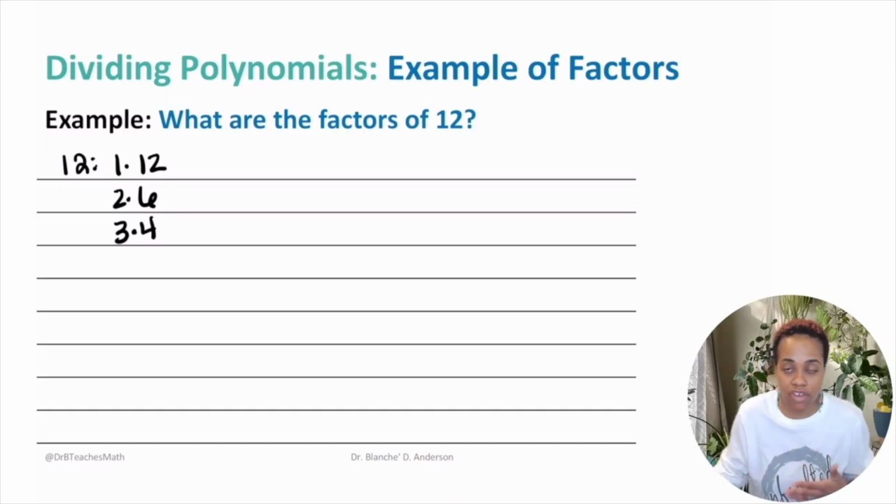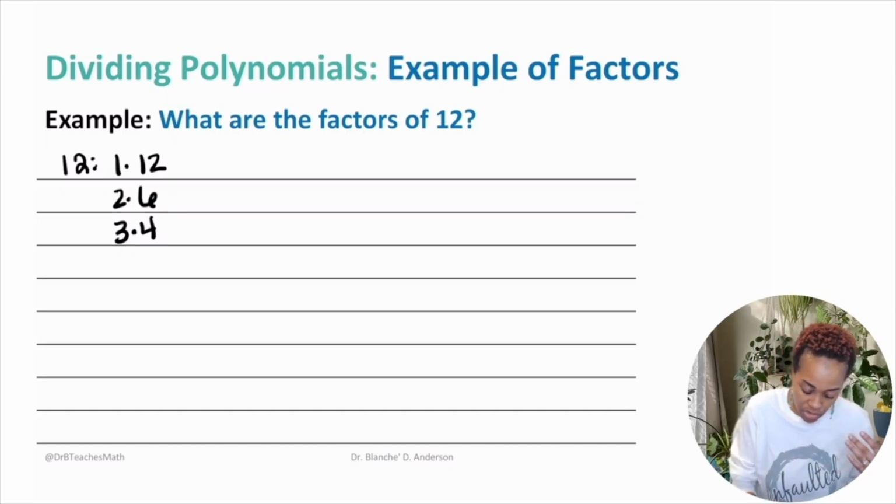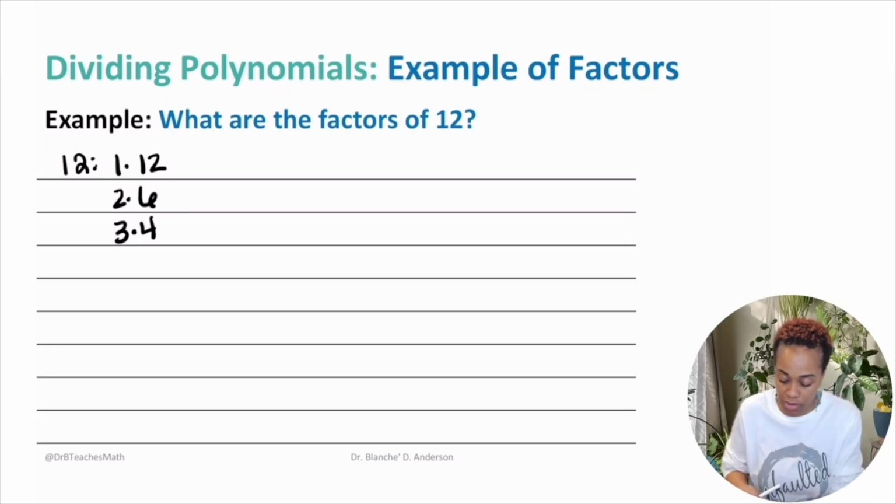Now, if you're like, well, Dr. B, how did you find that out so quickly? If you're still learning your multiplication tables, what you do in your calculator is say 12 divided by 1. You get 12, the remainder is 0. As long as there's no 12 point something, that means there's no remainder. Then do 12 divided by 2. You get 6. Then do 12 divided by 3.